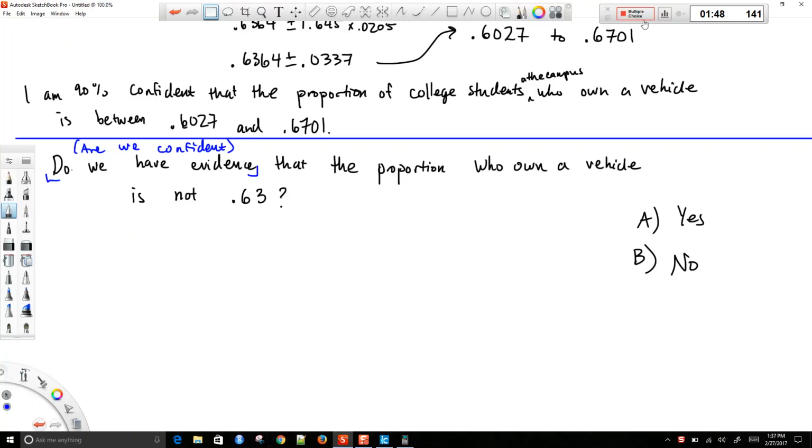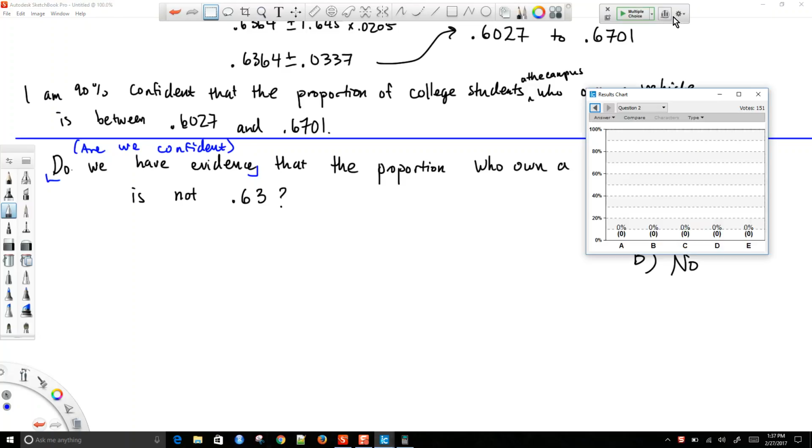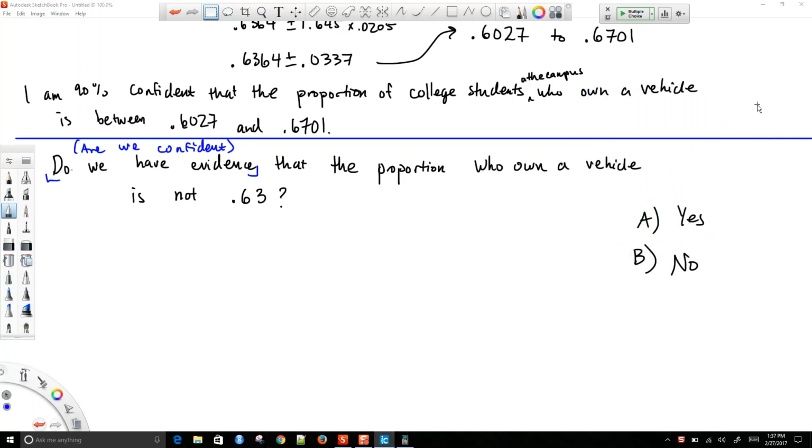Just decide on an answer. Did we get the same results last time? 121, 120. It's very similar. The answer is no.